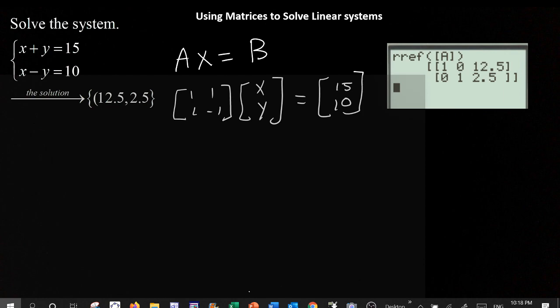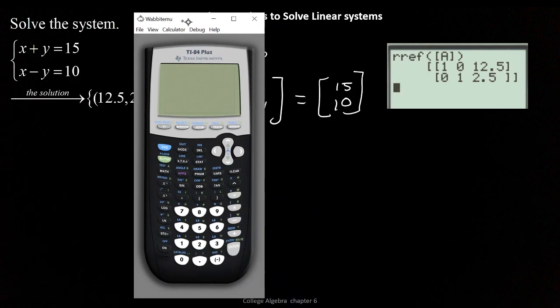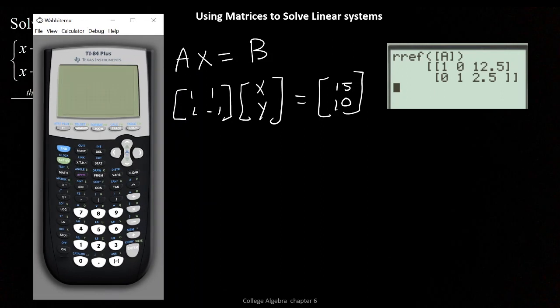So we're going to use a calculator, and I'm going to go to matrices, and go to edit. Now I'm going to create this matrix. A is a 2 by 2, so we already have it there. See, 1 1 1 negative 1 is already there.